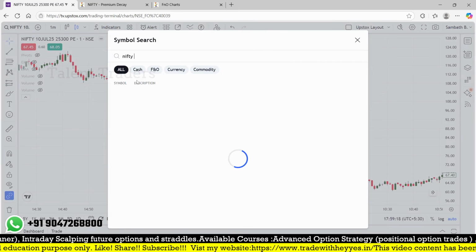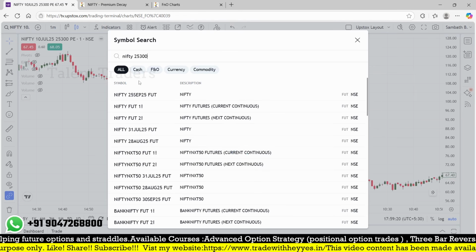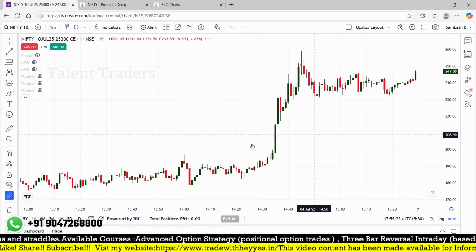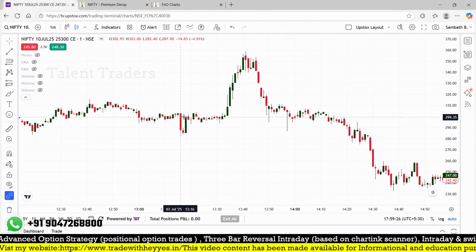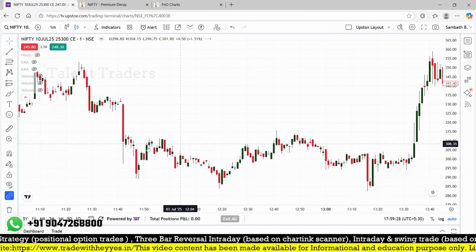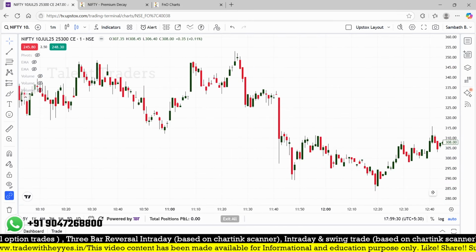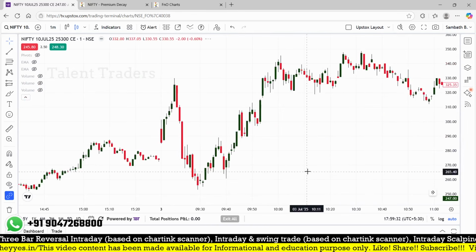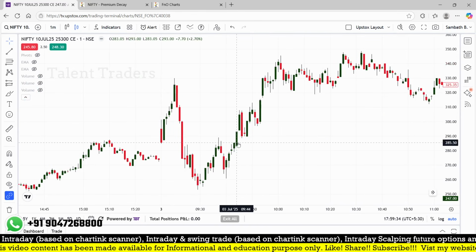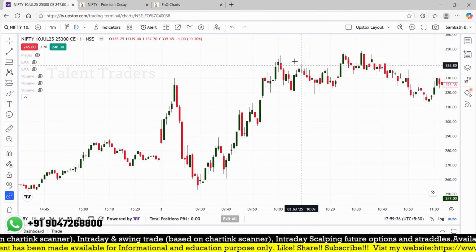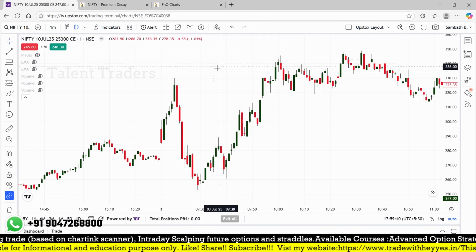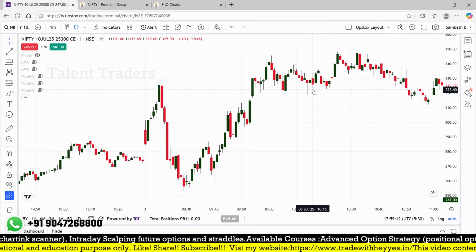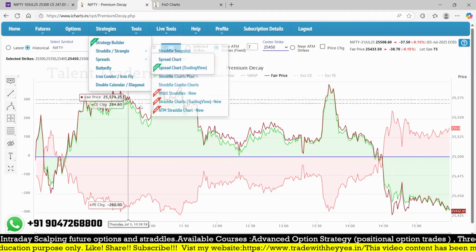Here at 943, 945, somewhere around 300, it went up to 345. On the other option it was more than 60 points. Here it is a 45 point movement. So maybe this is a quick scalping which we can do with this tool.